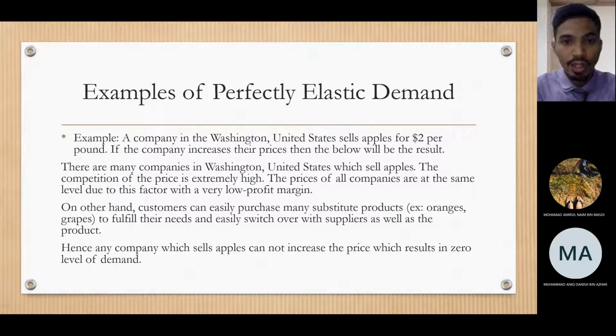Example of perfectly elastic demand. A company in Washington, United States sells apples for $2 per pound. If the company increases its prices, the following will be the result. There are many companies in Washington, United States which sell apples, so the price competition is extremely high.